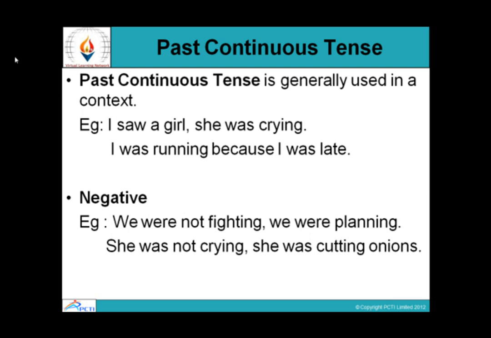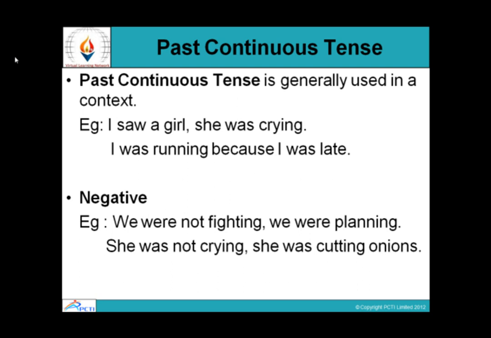And if I say I saw a girl, she was crying because she was hurt, it makes even better sense. So that is the context that we have to use for using past continuous tense. I was running. I was running doesn't make much sense. Okay, you were running.